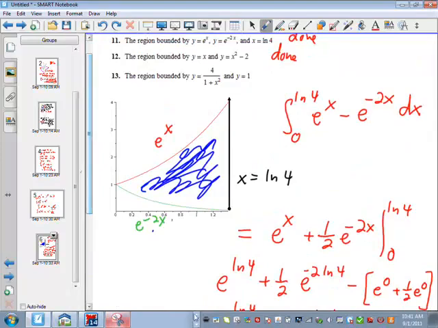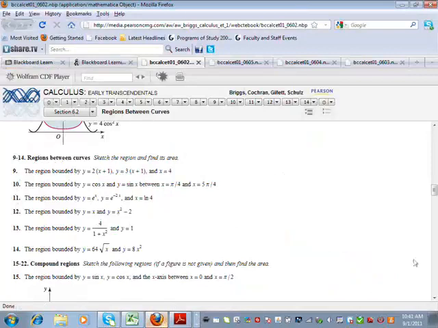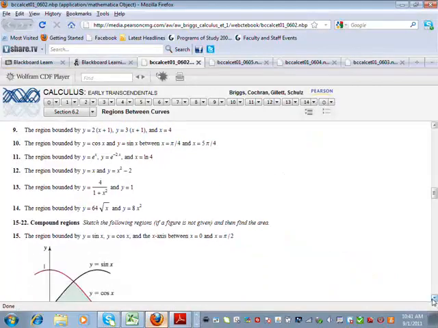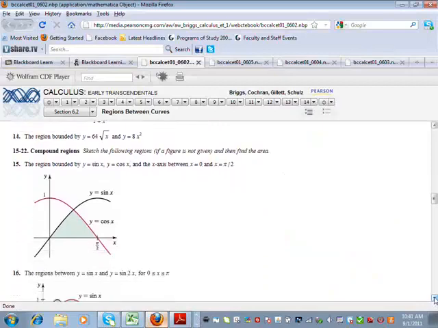It's not that big of a deal. And then we'll do some. That's the region bounded by y equals sine, y equals cosine, and the x-axis between x equals 0 and x equals pi over 2.